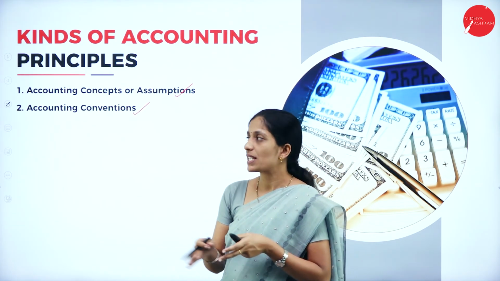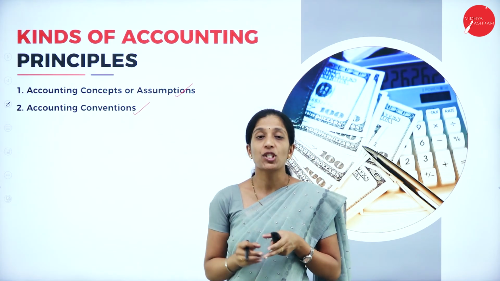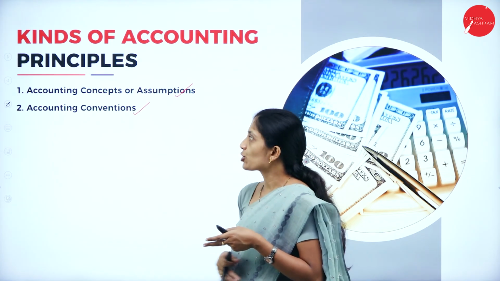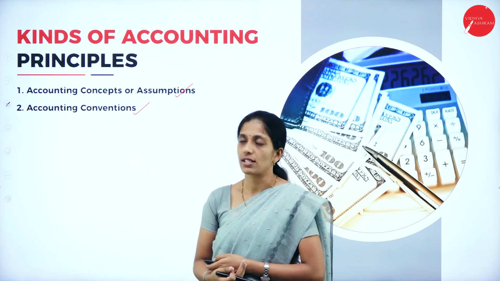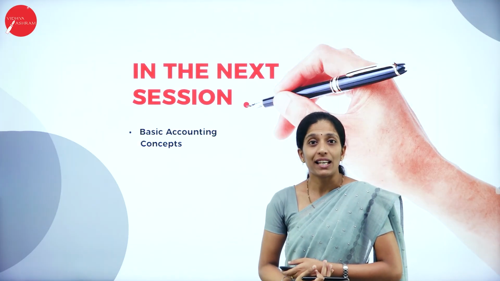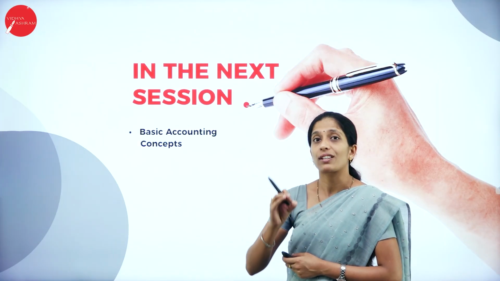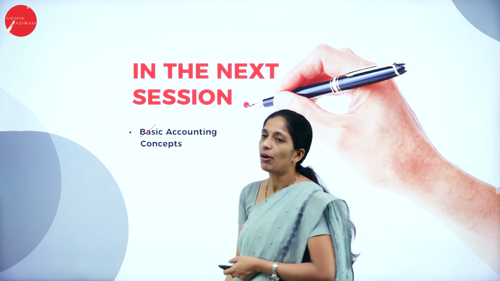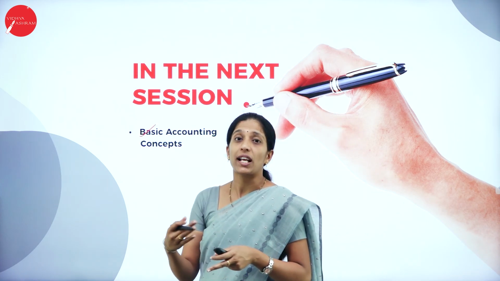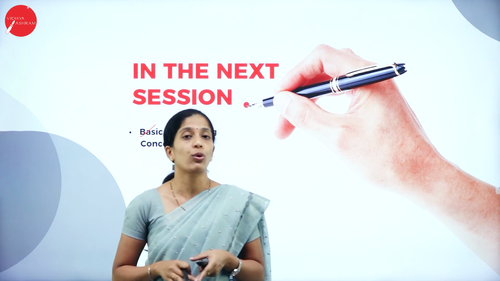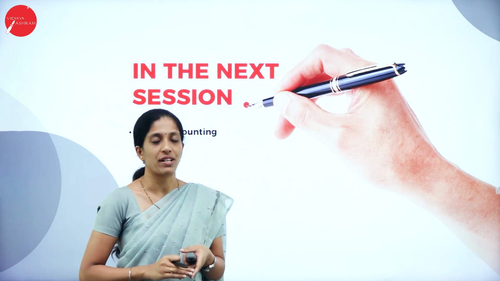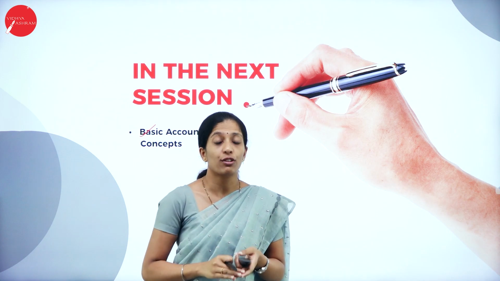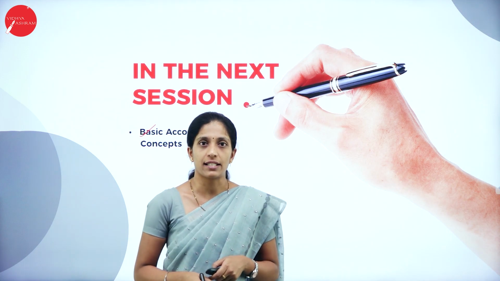In my next session, we shall discuss one type of accounting principle, that is, basic accounting concepts. Let us see what the accounting concepts included in the accounting principles are. This is an important topic we shall discuss in the next session.